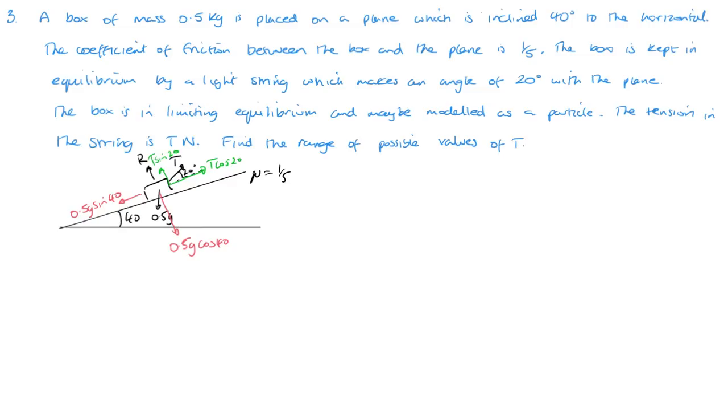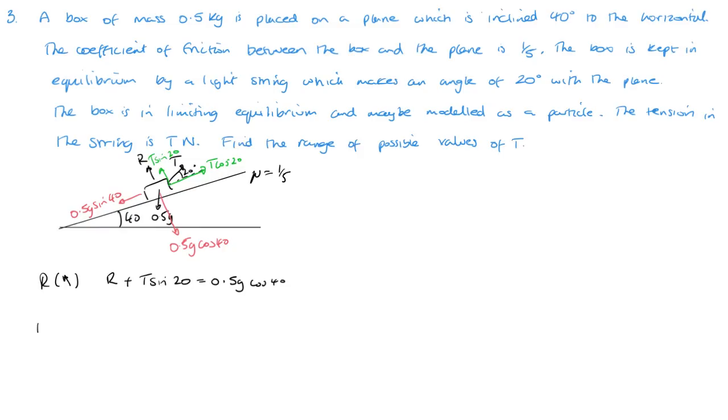So we will deal with this so far because we can find out what R is, because when we resolve perpendicular, sorry, it should be like that. When we resolve perpendicular, friction's not going to be in that because it's going to be parallel to the slope. So R plus T sine 20 equals 0.5 G cos 40. Okay, so we've got a value for R there.